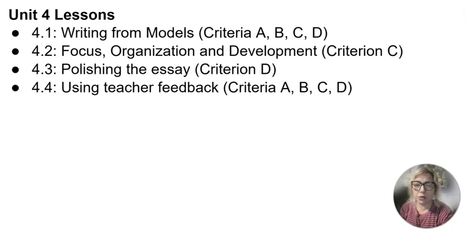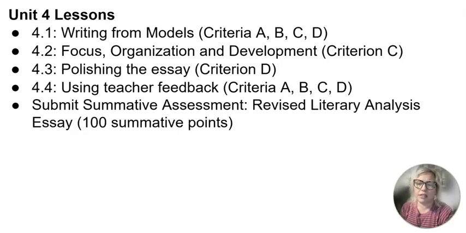And of course, the feedback is only on A and B, right? I didn't grade for C and D, so it's just on A and B. But you'll take that feedback and revise, make changes, add examples, go more in depth, elaborate, expand, all those beautiful things. And then you'll finally submit that summative assessment as your last summative assessment of the semester.